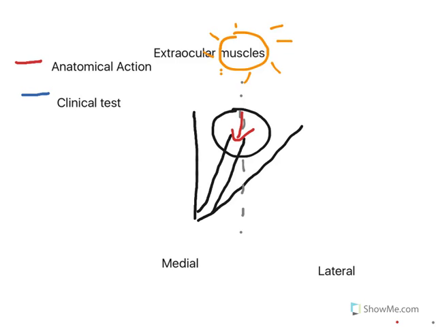So if we ask them to move their gaze this way, this makes the inferior oblique muscle become quite short, and when muscles are short they don't work as well. They work better when stretched. So the inferior oblique muscle then doesn't come into play, which means if we then ask our patient to look superiorly, we are just then using the action of the superior rectus muscle.